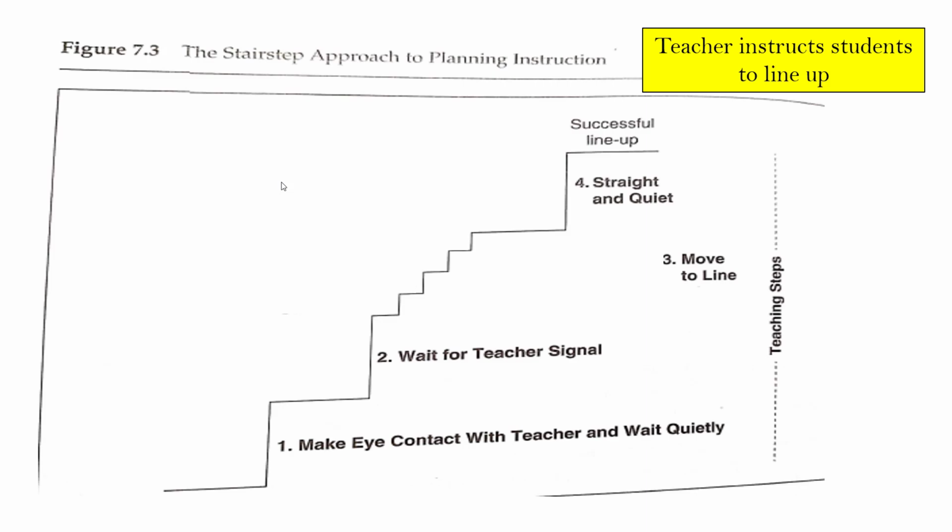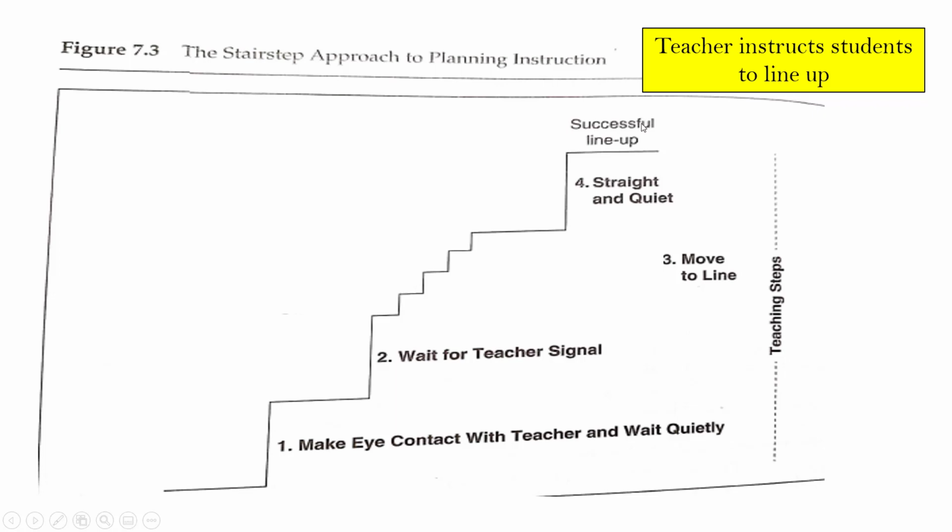So let's kind of break this skill down. When we think about lining up, let's think about the steps in order that the child needs to follow. First, they need to make eye contact with the teacher and wait quietly. Then they need to wait for a teacher's signal. Then they need to move to the line. And then they need to stay straight and quiet. And if they follow all of these 4 steps, then they will have a successful lineup.